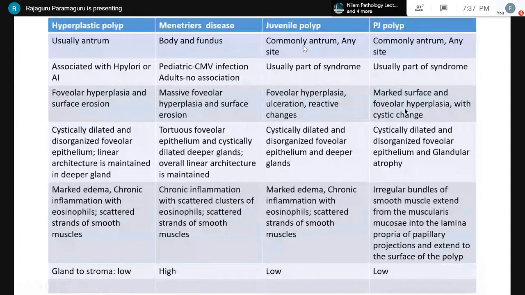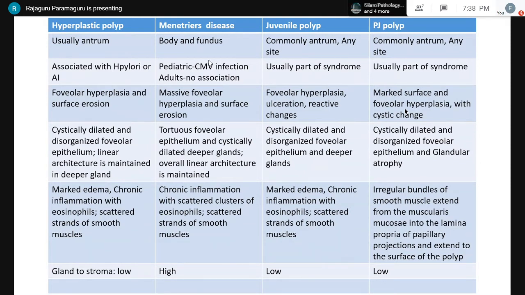There is another condition called Menetrier disease. It's a protein losing condition, where you have a hyperplastic foveolar epithelium, where it might appear endoscopically as a polypoidal lesion.